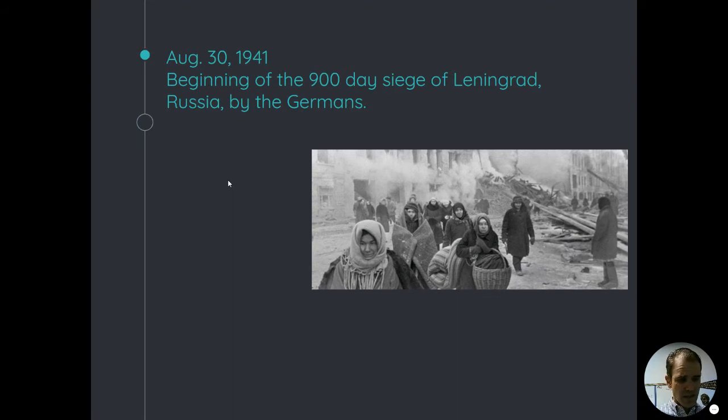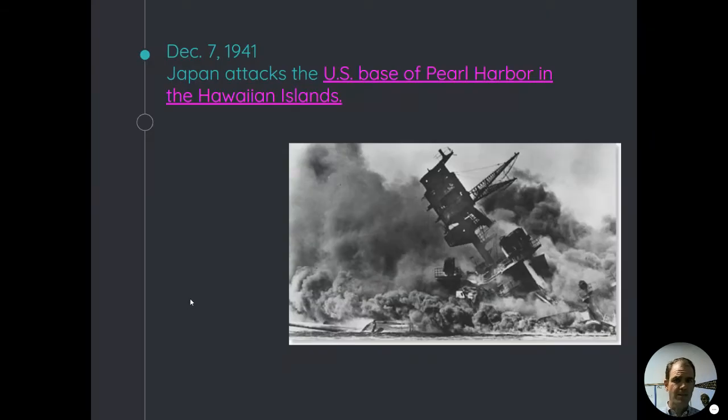There are stories, some confirmed, many unconfirmed, but plausible, of cannibalism. People starving so much that they resort to cannibalism in this siege, because we're talking about nearly 3 years, 2.5 years, of not getting any supplies in and out, and you can only grow so much in Leningrad. So this was a horrible siege that the people of Leningrad had to face.